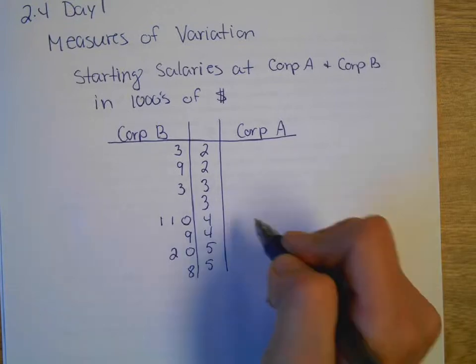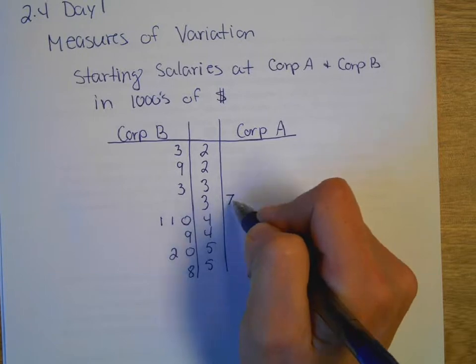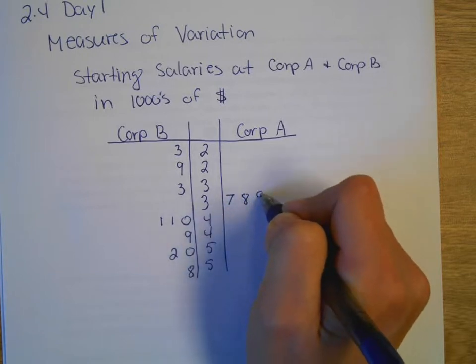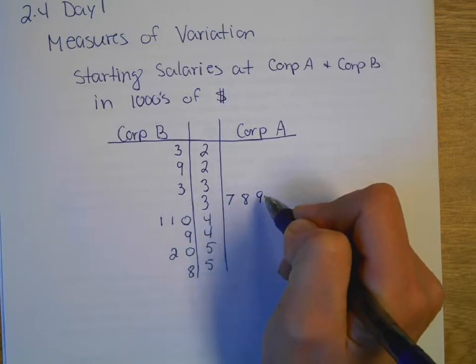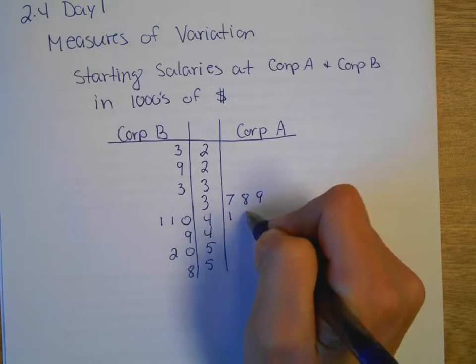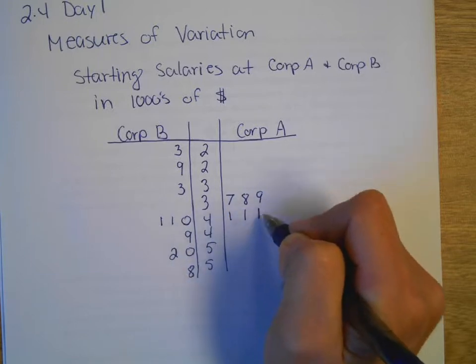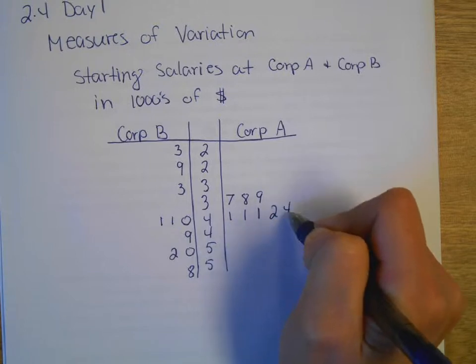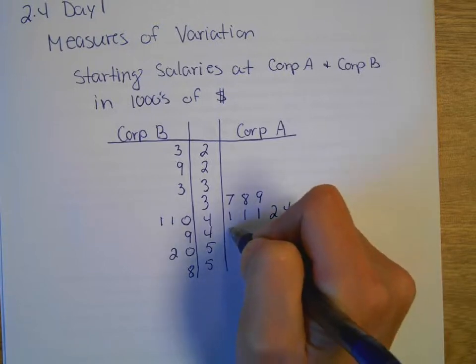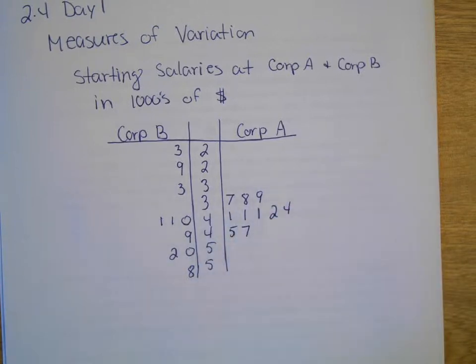Corporation A, the lowest one is 37,000, 38, and a 39. We've got 3 41s, a 42 and a 44, a 45 and a 47.